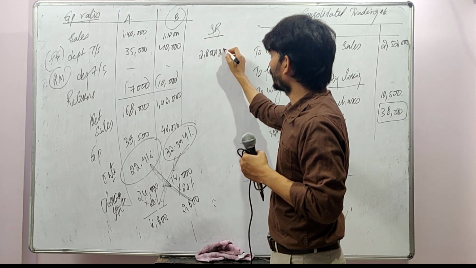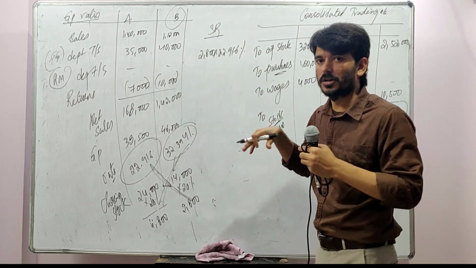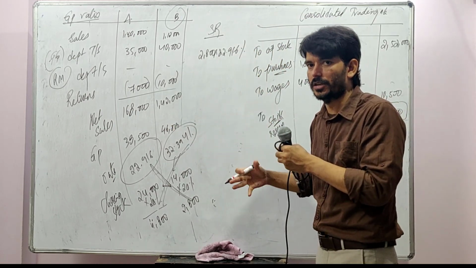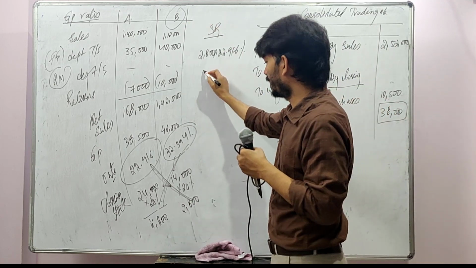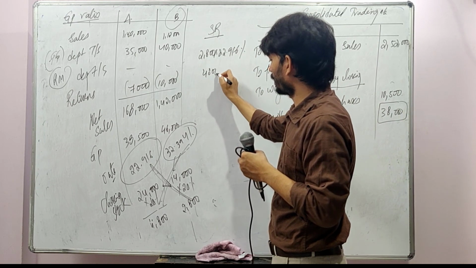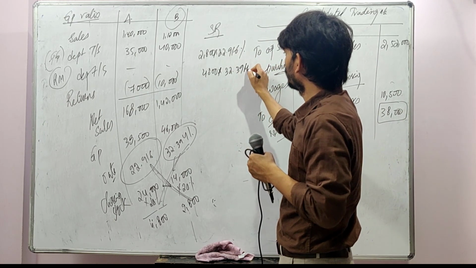Now you take 2,800 multiplied by 22.916. We are doing cross. Why cross? Because each individual's closing stock is being given by somebody else. Okay. So again here 4,800 multiplied by 32.394.